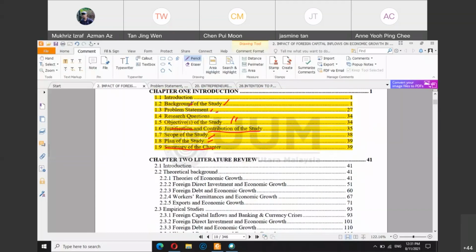So spend more time on the background. The problem statement you may need to revise and update. But again, whatever you submit is not the final version, so I don't expect the quality or the length of your discussion to be the final one. But at least you need to start writing, because we are already in week number 5, or maybe 7 or 8 already.